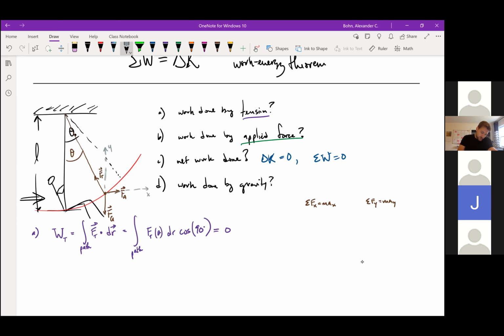Since we are told that we are to stay in equilibrium the whole time, both accelerations need to be zero. We can't accelerate in any direction.